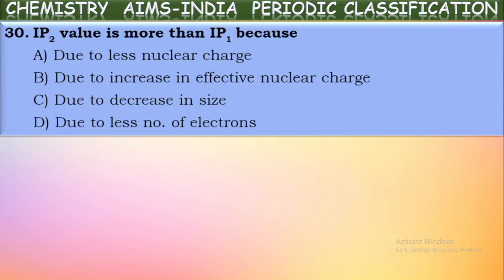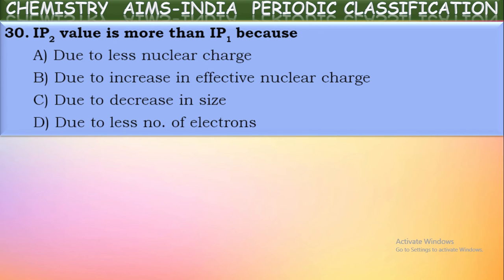Next one, IP2 value is more than IP1. Because for any element, IP2 value will always be greater than that of IP1 value. This is because of the increase in effective nuclear charge, that's correct. Due to decrease in size, this is also correct, because as electrons are lost by the element, its size gradually decreases as nuclear force increases on outer electrons.